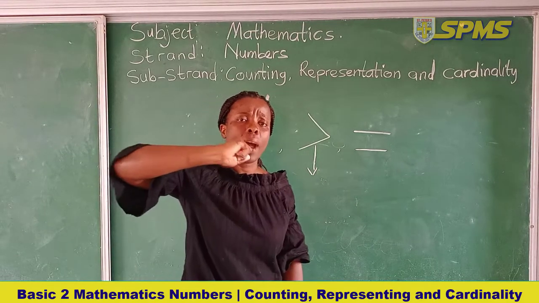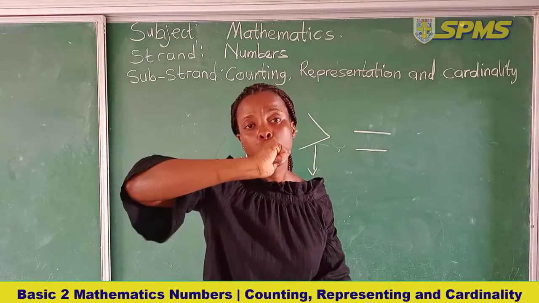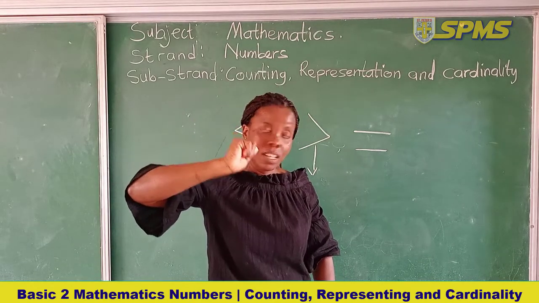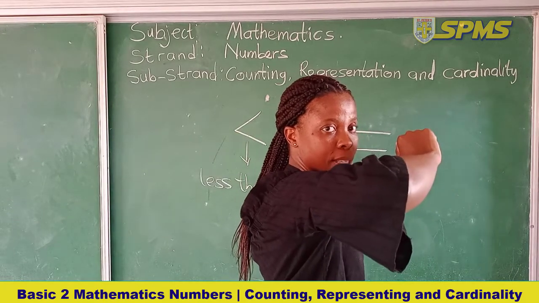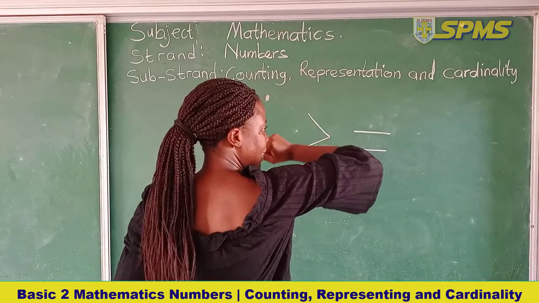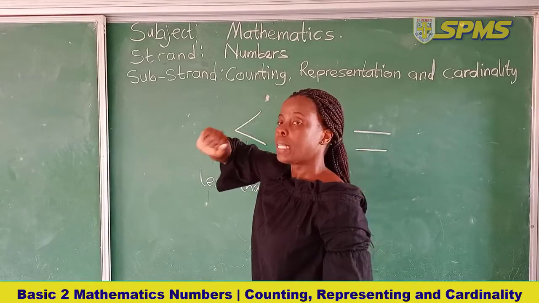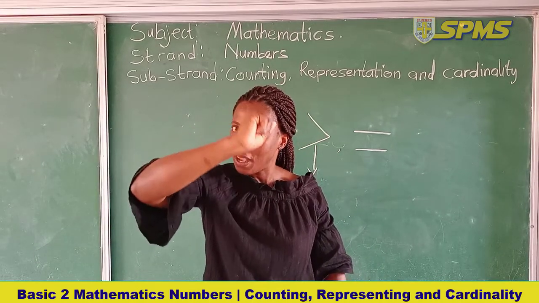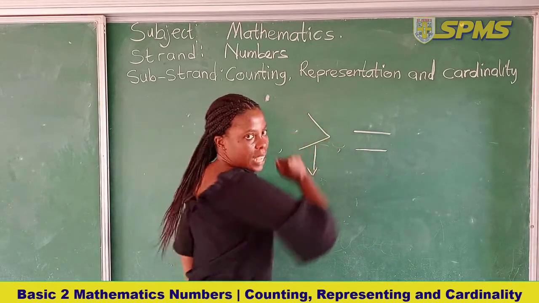So anytime you lift your right hand like this, no matter your position, it is your greater than. So far as it's your right hand, it is greater than. So this is my greater than sign. My right hand turns like this. So this is it. Greater than.